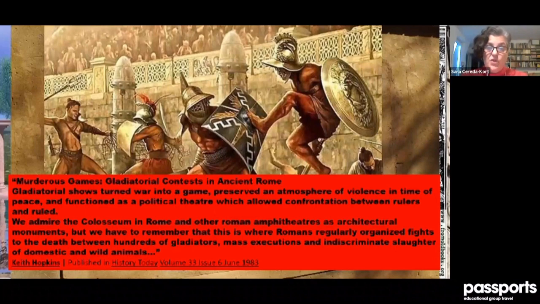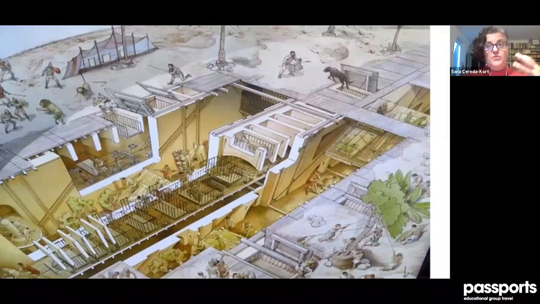When we go into the Colosseum or any other arena around Europe, some of them very well preserved, we must not forget that these were sites of murder and death, not only of hundreds of gladiators, but mass executions were happening there, and slaughter of domestic and wild animals. So this was mainly what the people were shown and what they enjoyed, but it was also a means of control and power.